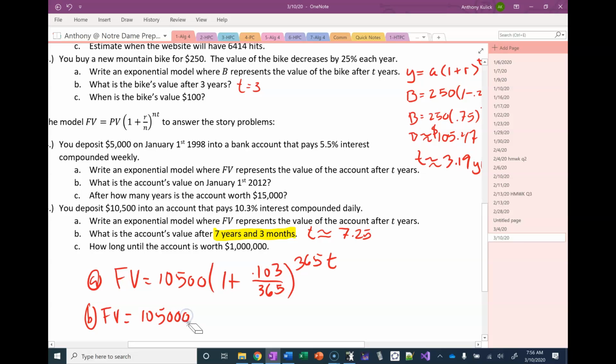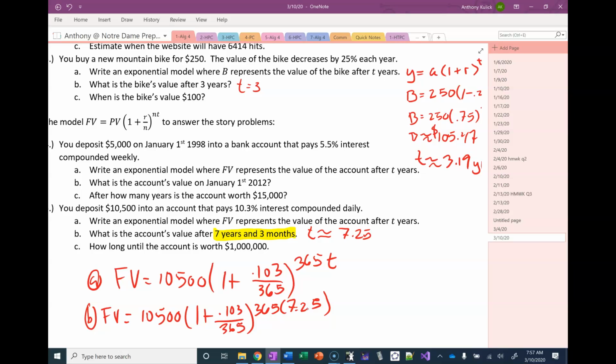Everybody's okay with that idea? So that's all I do for B. I just type that into my calculator then. Annalise?